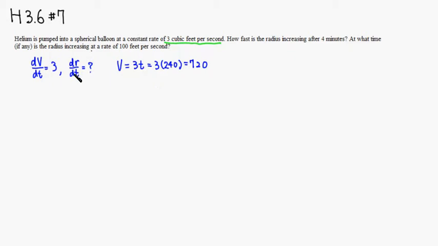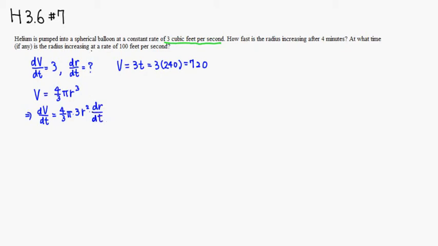Since this is a spherical balloon, the volume formula for a sphere is V equals 4/3 pi r cubed. Go ahead and take the derivative. We get dV over dt equals 4/3 pi, just a constant, times the derivative of r cubed: you put 3 in front, r squared, and multiply by dr over dt.